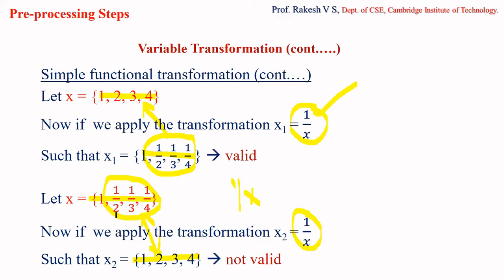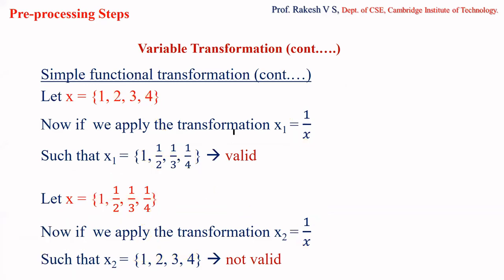But in the second case, I was getting values greater than the actual values, so I cannot apply the 1 by x transformation, considering the algorithm I've used for the analysis. This is just one example. Applying a transformation depends upon the example you're taking or the analysis you are going to perform. Clear? That is a simple functional transformation.